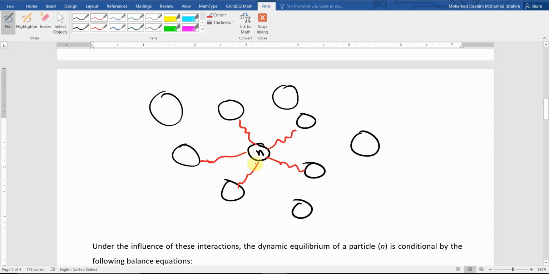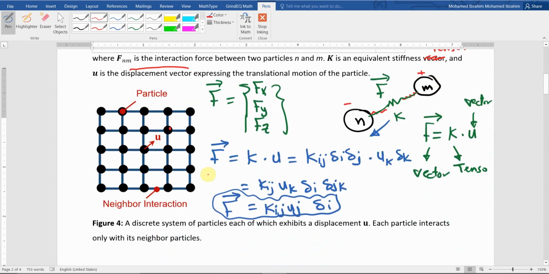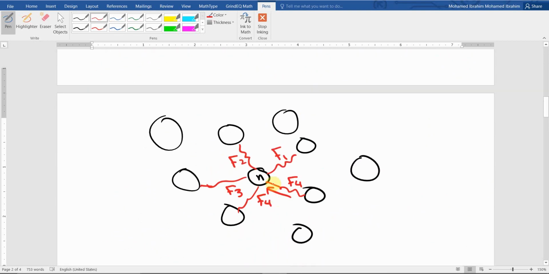So in total, how many forces will particle n be subjected to? It will be subjected to one force, F1, and there should be F2, F3, F4, and F5. If we form all of these forces using this expression, all of them will be directed to the particle itself. We have F1 directed in this way, and F4, F2, F3, and so on.